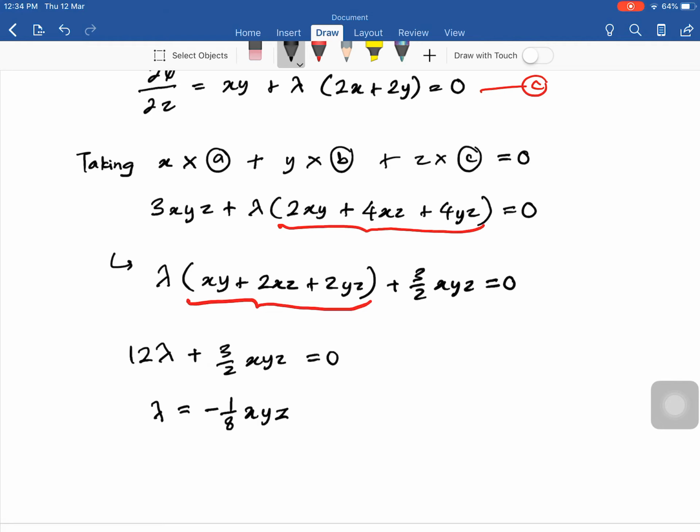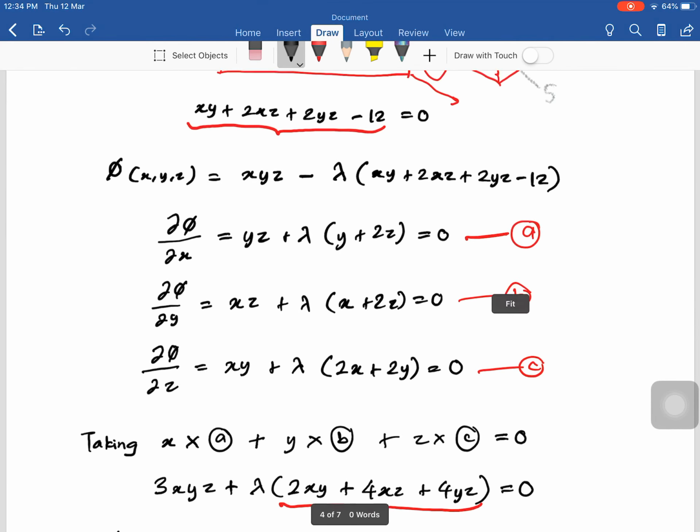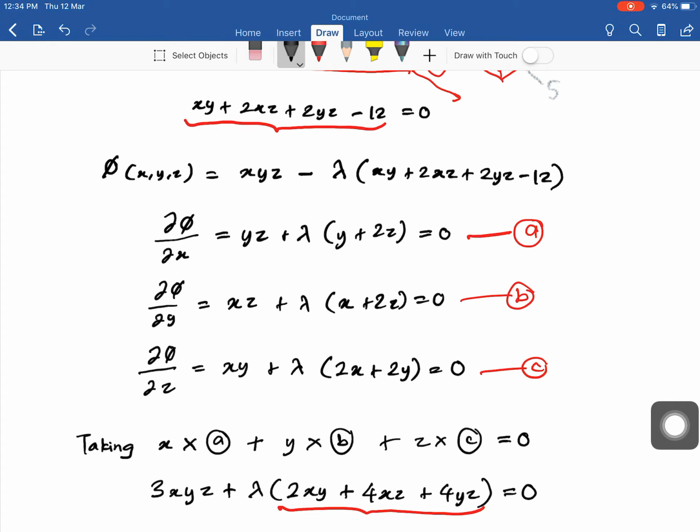Okay, now we can put this value inside equation A, B, C right here. So we can know the value of, yes, we want to find the value of y, z, and so on. Okay.